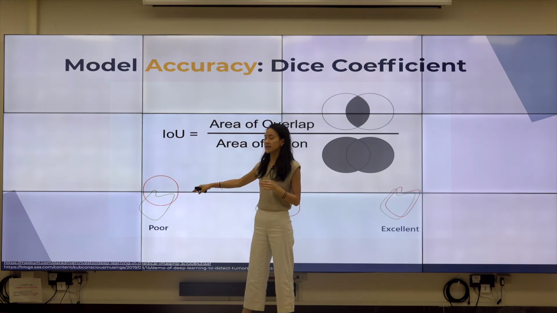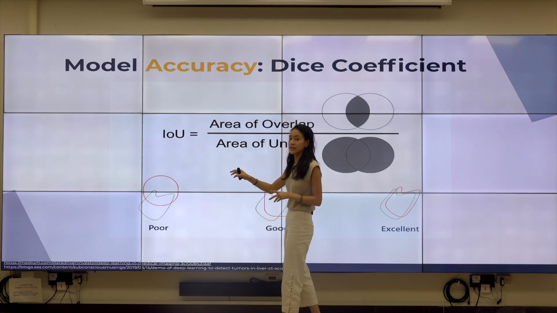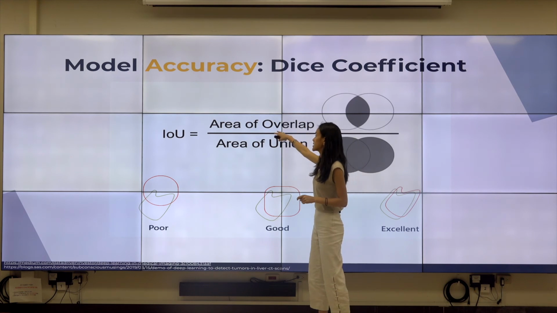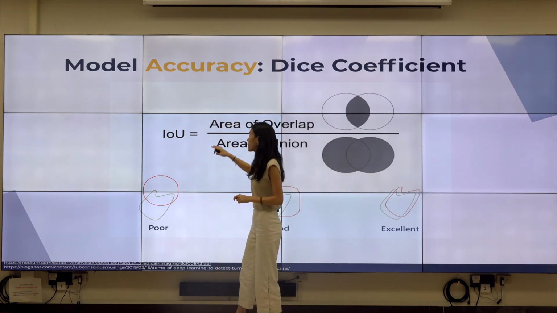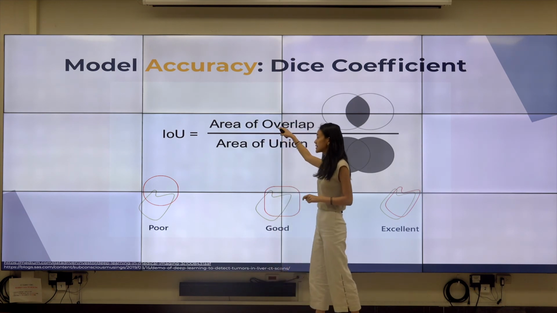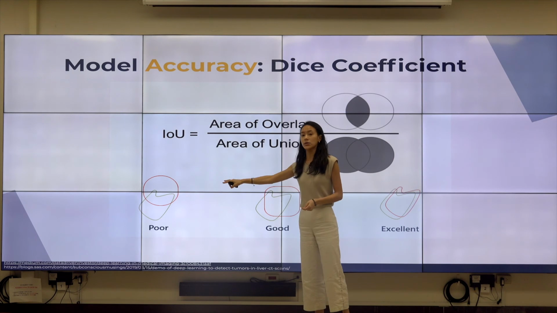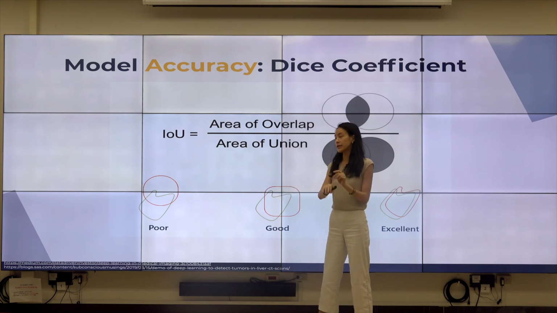What you can see is that this is a very poor prediction, so we would get a very low dice score. This is because the area of overlap is less in this case. Because the area of overlap divided by the entire area is less, the dice score is going to be definitely lower.